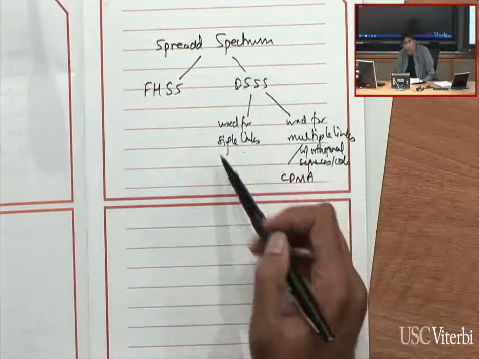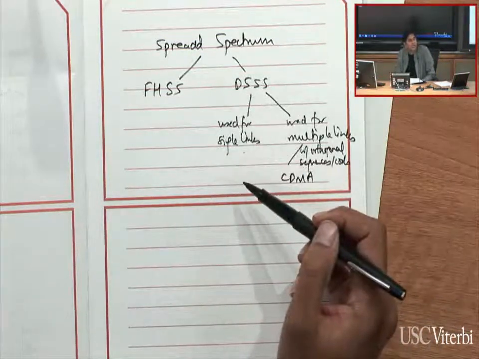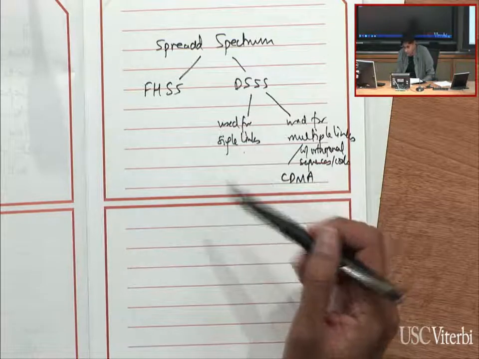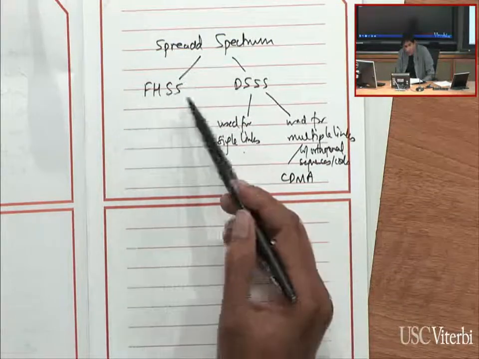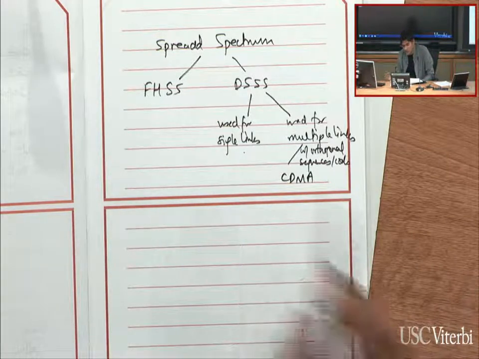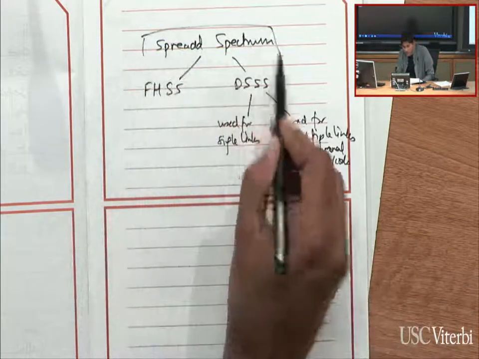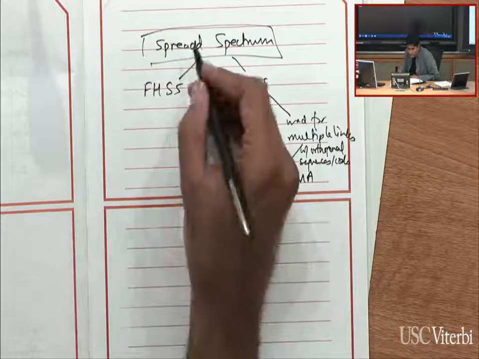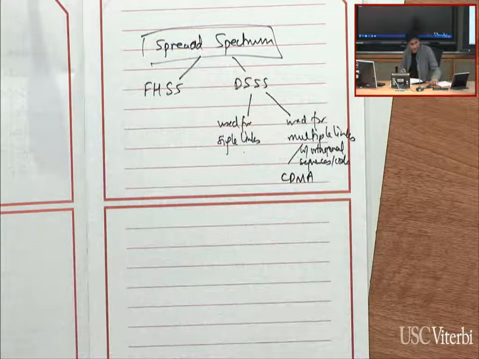So it improves robustness to interference as well as frequency selective environments. It also improves robustness by giving you more frequency diversity. So spread spectrum techniques are broadly used in wireless to give you better performance with respect to these types of issues.